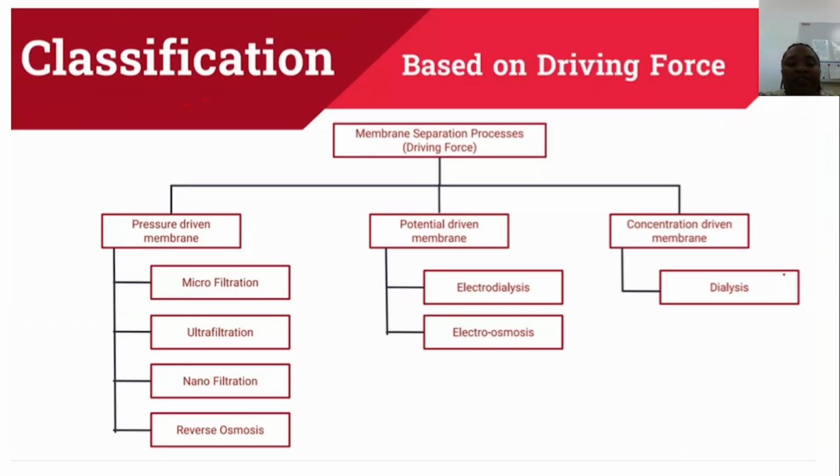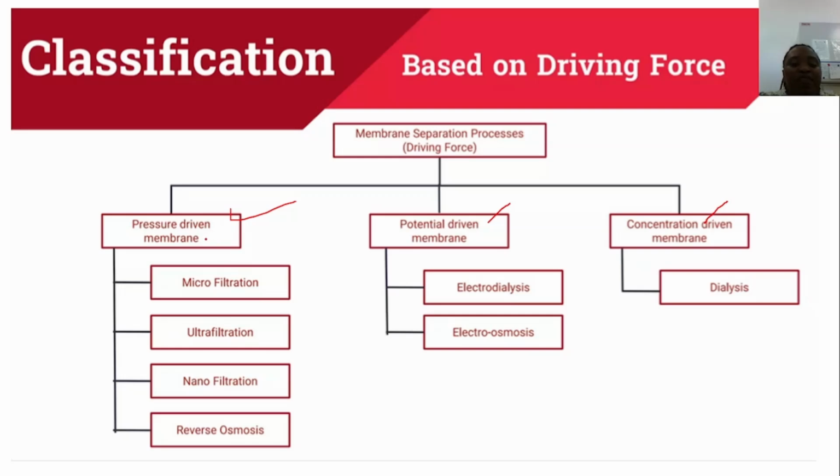Now, we can also have this classification of membrane separation processes based on the driving force, the hydrostatic pressure or force that you are actually applying. So we can have pressure-driven membranes, potential or current-driven membranes, and concentration-driven membranes.